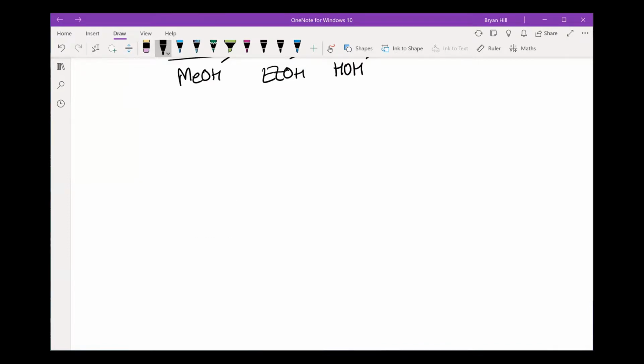So let's say that this is our compound. Actually, I've drawn an eclipsing conformation here.